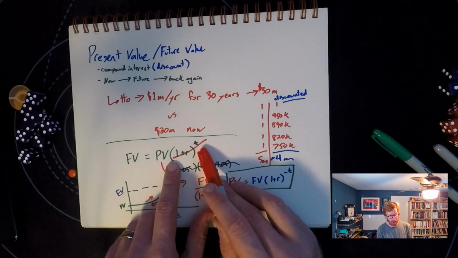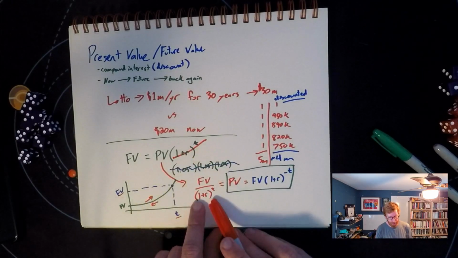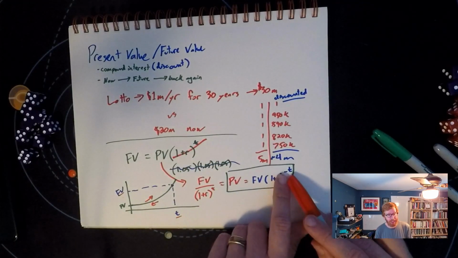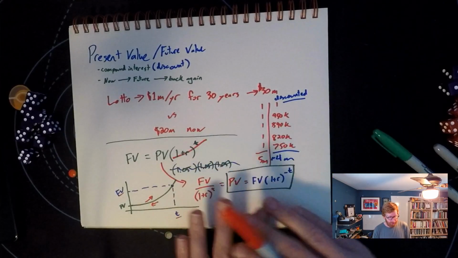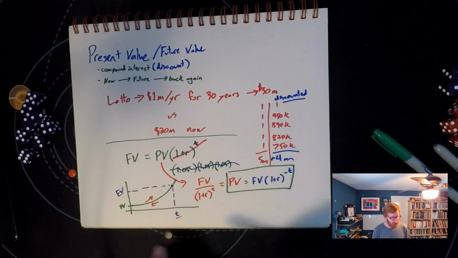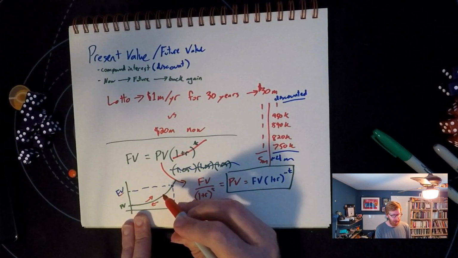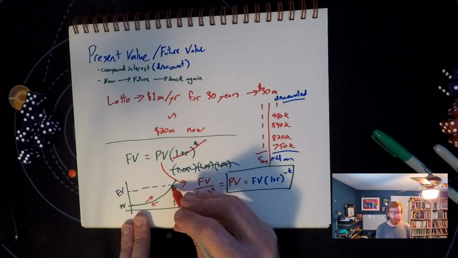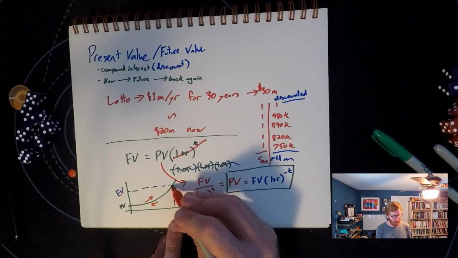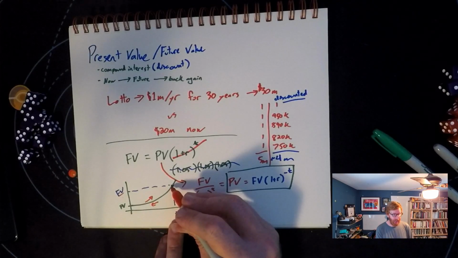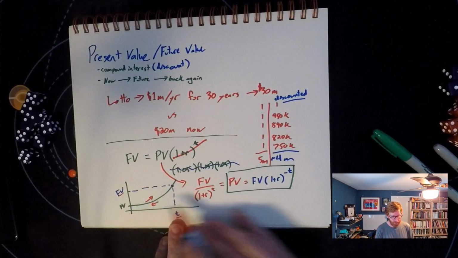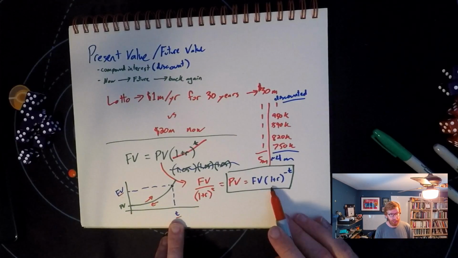Instead of multiplying by this, we're dividing by this, and we can show that with just a negative exponent. But forget about the exponents. The intuition is compounding. We ask, how much will we get? And then we can say, if we know we're going to get such amount at such a time, how much do we need to put away now to grow to that level? And that's all we're solving for here.